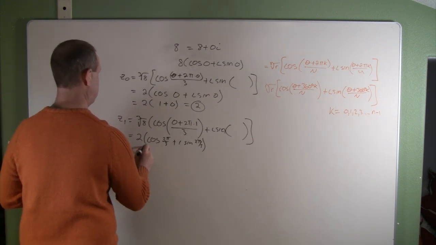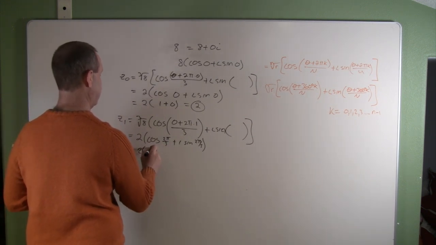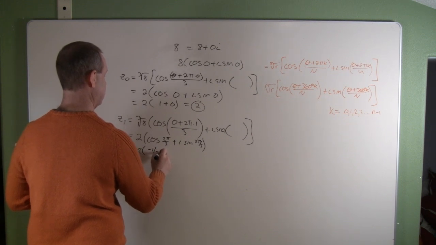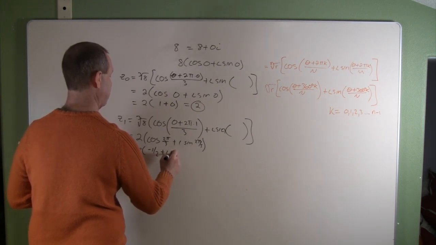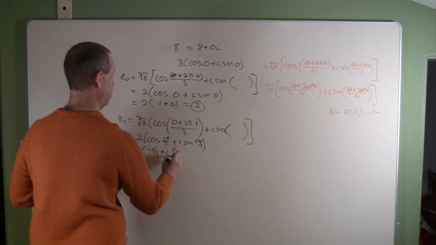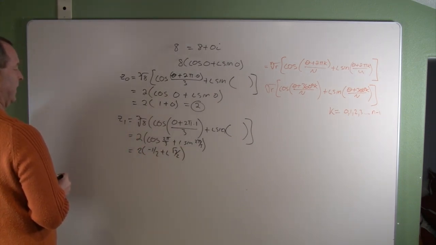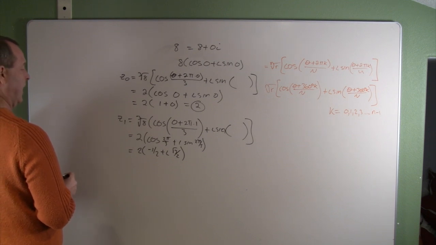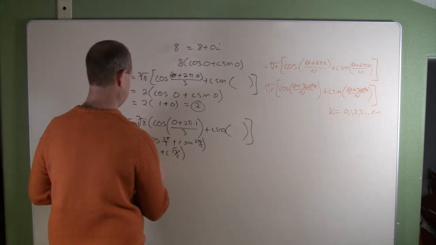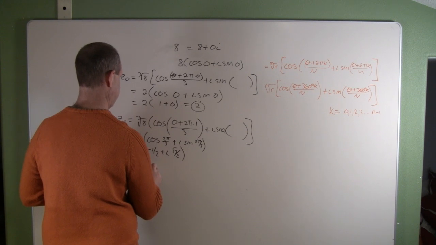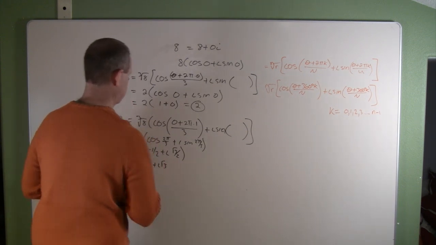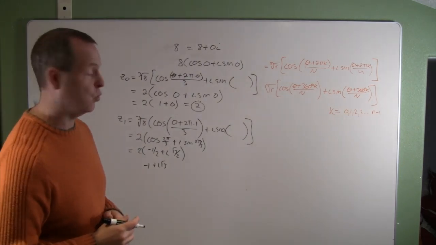That equals 2 times cosine of 2 pi thirds, which is negative 1/2, plus i sine of 2 pi thirds, which is root 3 over 2. Reduce that down, and it becomes negative 1 plus i root 3. So that's my second distinct root.